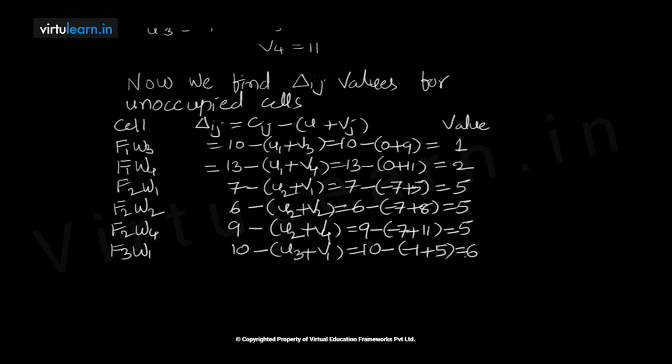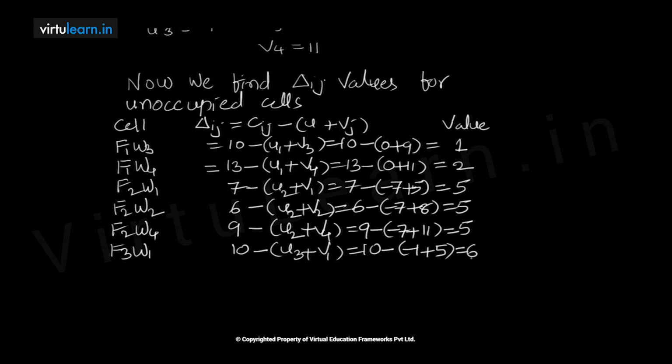Actually what this indicates is, in case this delta ij value had become negative, that indicates that there could be a reduction of such number of rupees per unit of allocation to that cell. However, all these values are positive. That means we cannot reduce any cost by allocating to these cells.